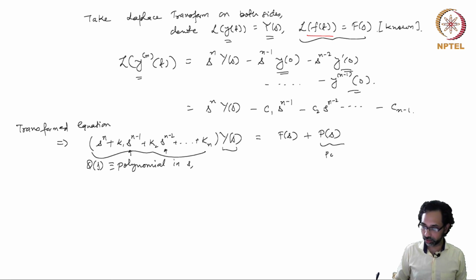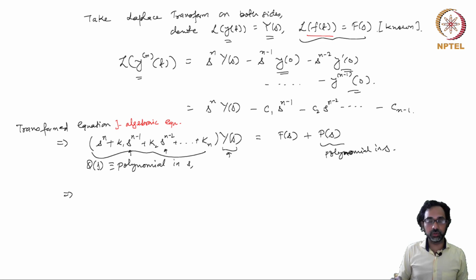This is again a polynomial in s, and so now we have to solve for Y(s). So now the problem is reduced to an algebraic equation. The transformed equation is always an algebraic equation. So we started with a differential equation, and now we have an algebraic equation.